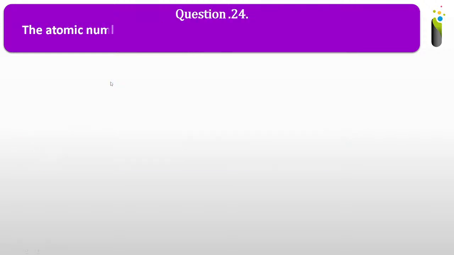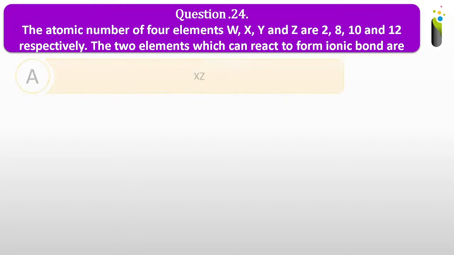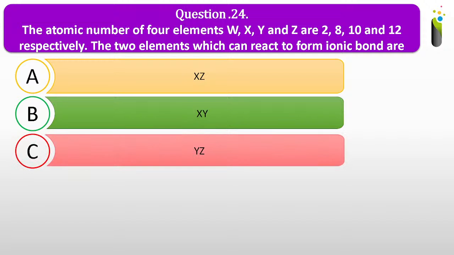Question number 24. The atomic number of four elements W, X, Y, and Z are 2, 8, 10, and 12 respectively. The two elements which can react to form ionic bond are dash. A, is it XZ? B, is it XY? C, is it YZ?